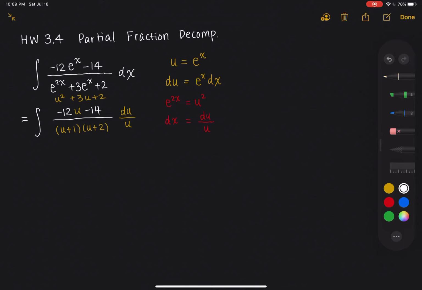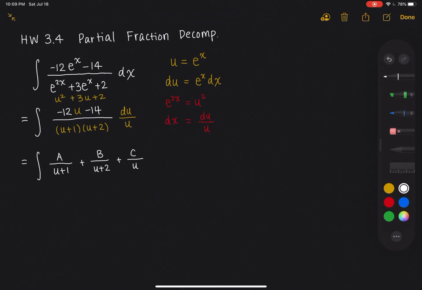In that case, we need to find constant a over u plus 1, plus constant b over u plus 2. Now a and b can be negative too, but we just use plus signs, it's easier to see, plus c over u.